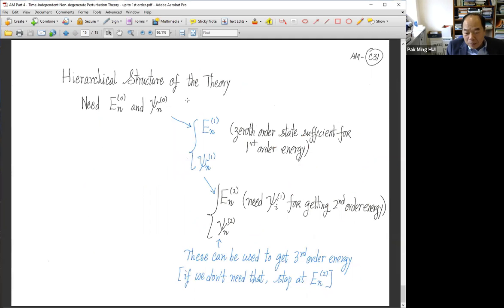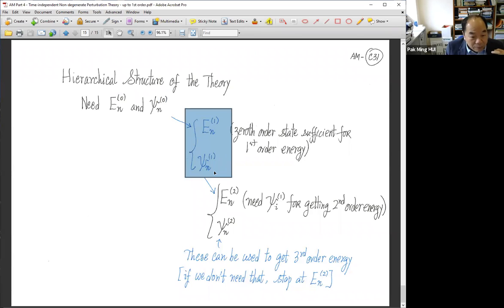Now at this point, let's take stock. We have the known problem H0. We make some effort and we get to the first order correction in energy and the first order correction in the state. The important thing about getting this first order correction to the state is that the result tells us the validity of the theory.